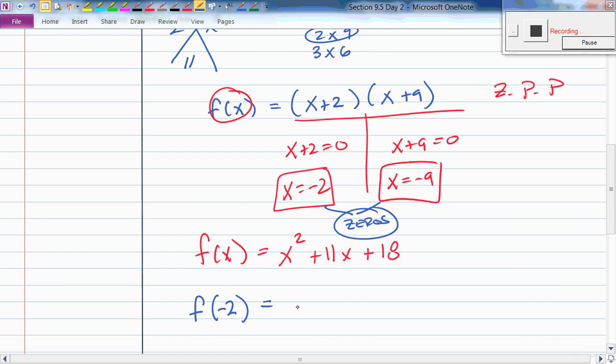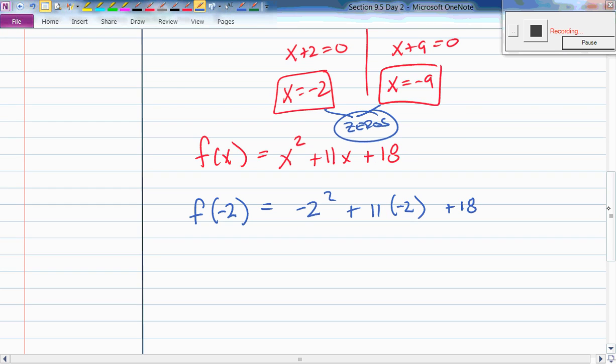Okay? So negative 2 squared plus 11 times negative 2 plus 18. So f of negative 2 is going to be equal to, what's 11 times negative 2? Negative 22, right? So this would be negative 22, and then this is a plus 18. And then I still have a negative 2 squared.